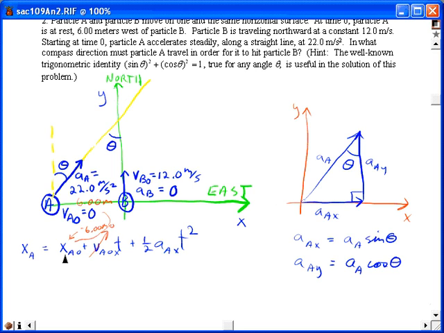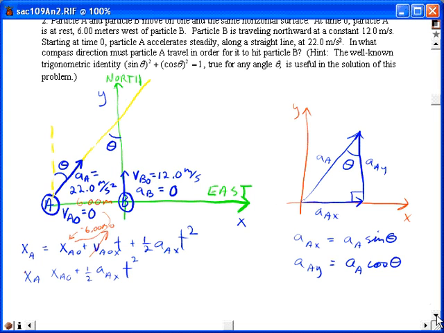So I do have an expression for x of A. I'll call it x of A initial, the minus 6 meters, plus 1/2 a_Ax times t squared.